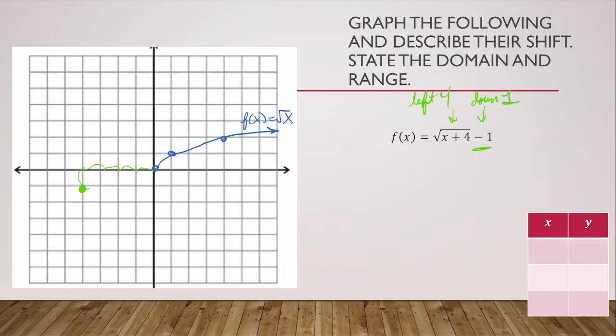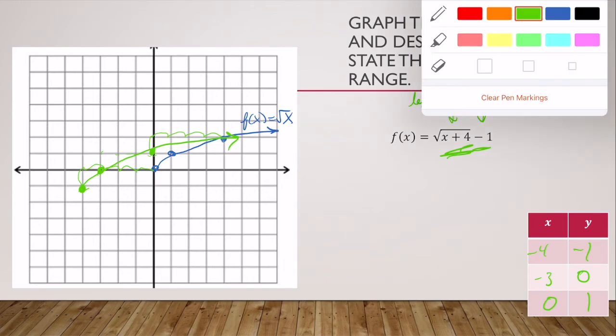Left 4, down 1. Then left 4, down 1. So this is going to be my new graph that was shifted left 4 and down 1. So my points are when x is negative 4, y is negative 1, when x is negative 3, y is 0, and when x is 0, y is 1.